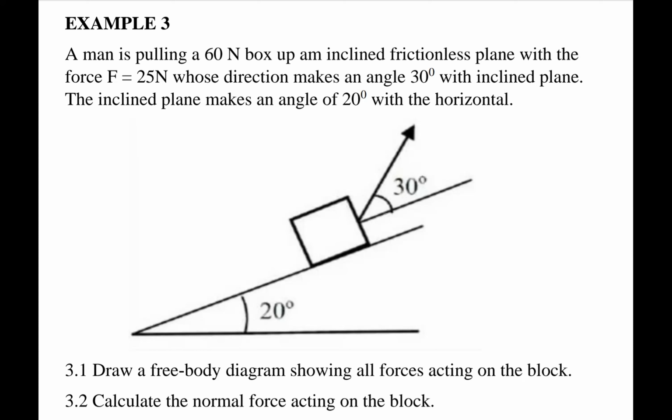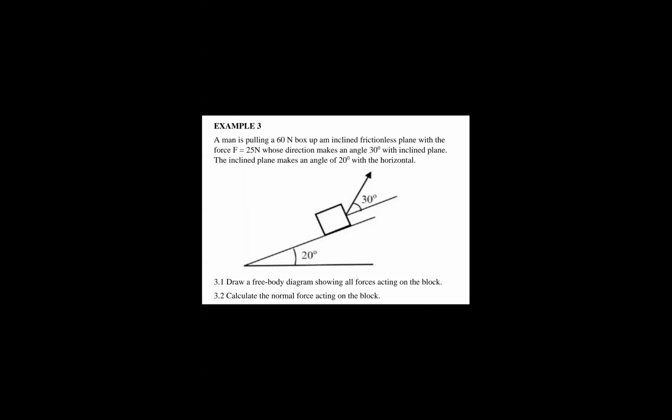So let us get a space where we can write and solve this one. 3.1, we have to draw the free body diagram. Remember, when you draw the free body diagram, you must draw a labeled one. So we have this force, which is called Fg.